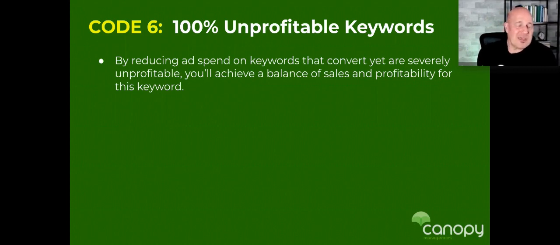Okay, all of these 10 you want to do on a weekly basis, but this one is more for unprofitable keywords that have over 100% ACoS. Those are going to be converting, but it's going to teach you a couple things. One is, okay, it's not profitable. And so by default, I would say, let's reduce the bid.